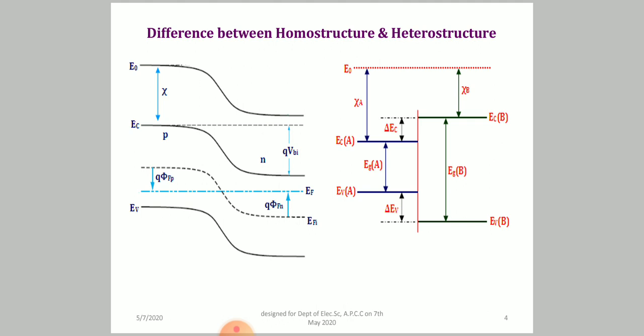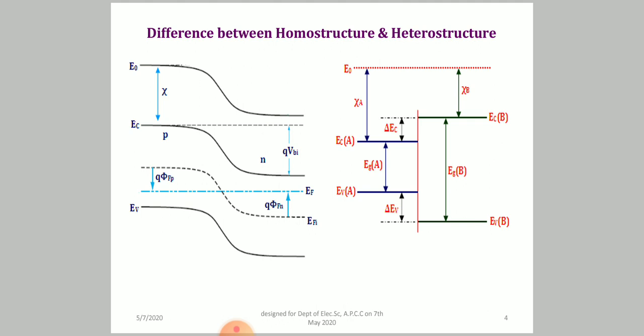And look, if you have this difference of the electron affinity, I am starting from the reference line, then there will be a difference of conduction band. That is called delta EC.